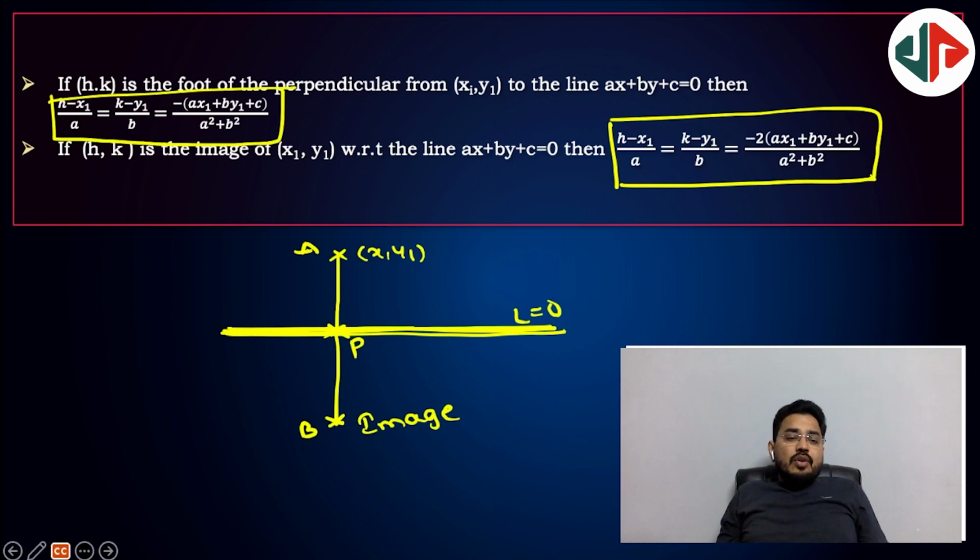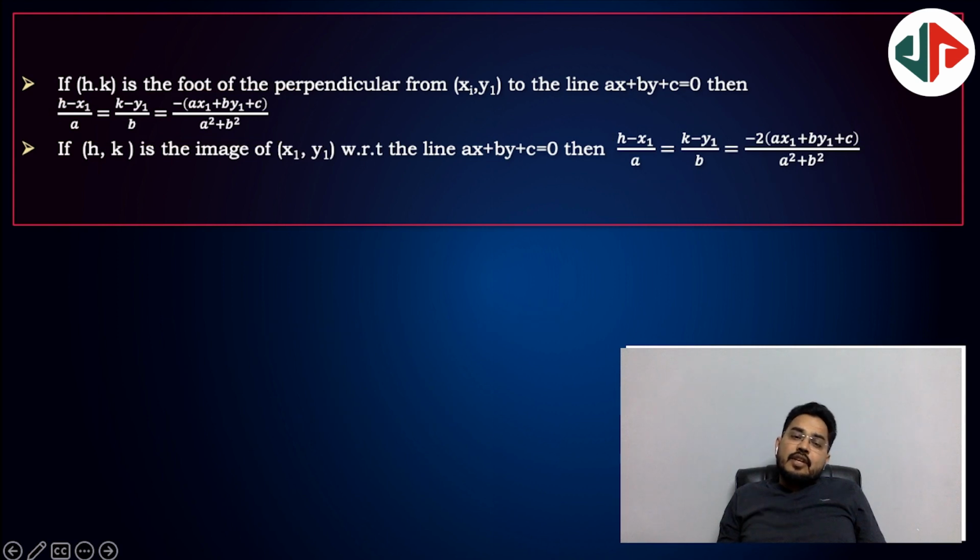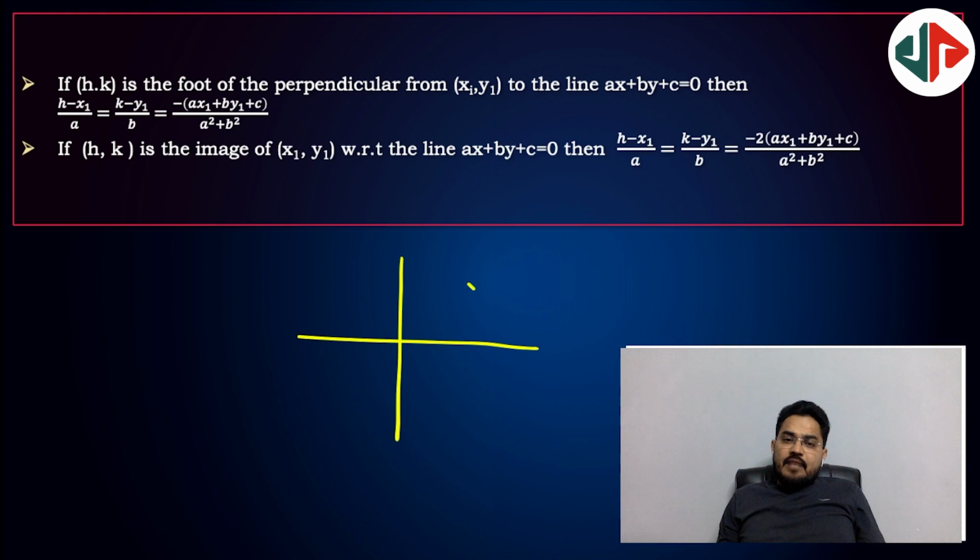Here we can talk about certain cases. If you take the coordinate axes, and this point is x comma y, the image of x comma y with respect to the x axis is x comma minus y. The image of x comma y with respect to the y axis will be equal to minus x comma y.